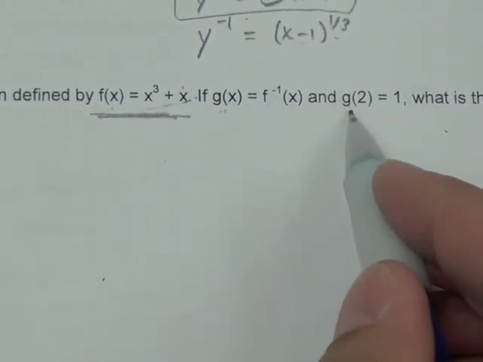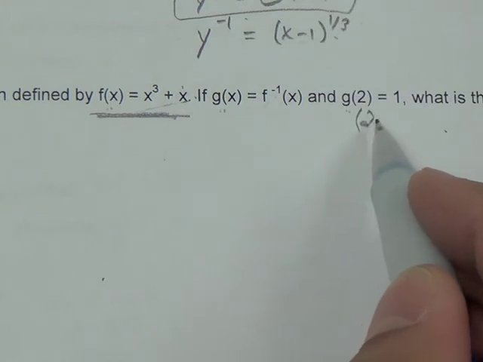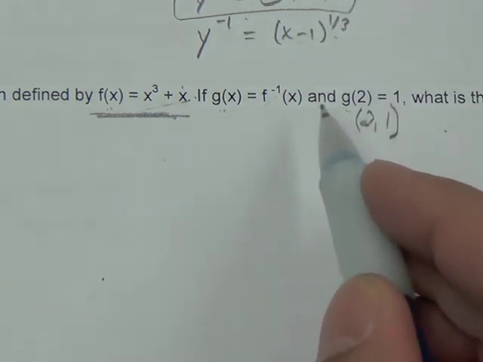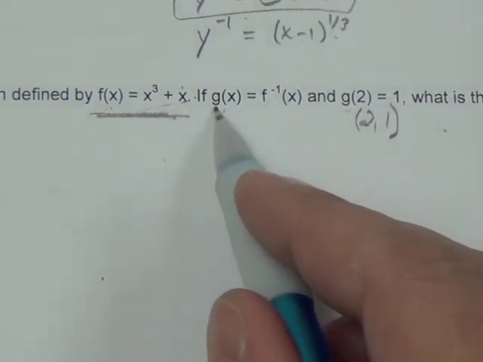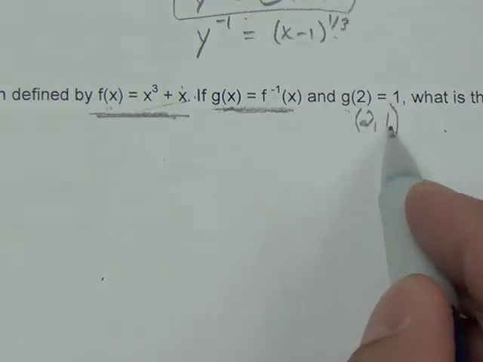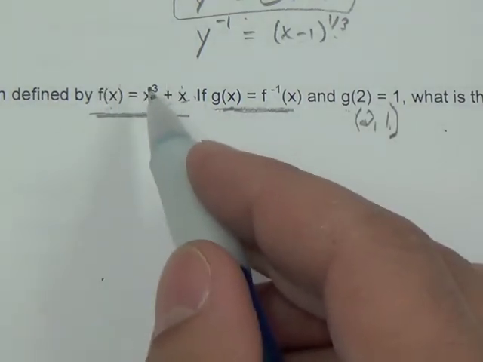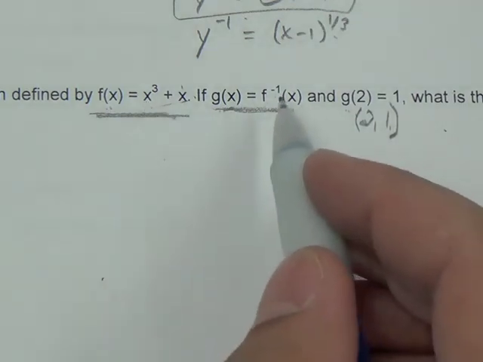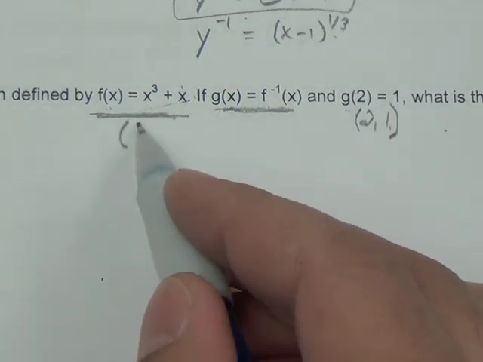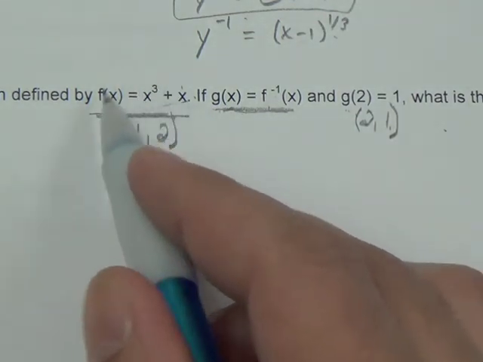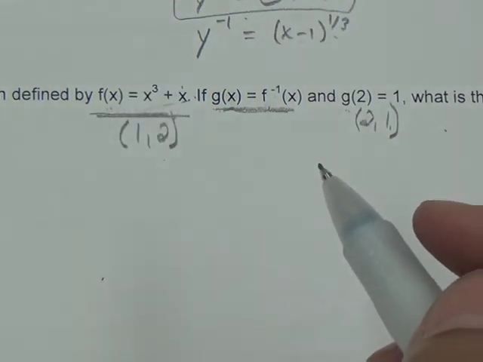Then they tell you on the graph of g, we have the point 2, 1. Well, if g is the inverse, the point 2, 1 is on this graph. The point 1, 2 is what point would be on our original graph.